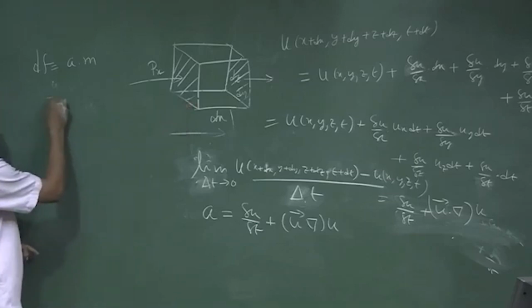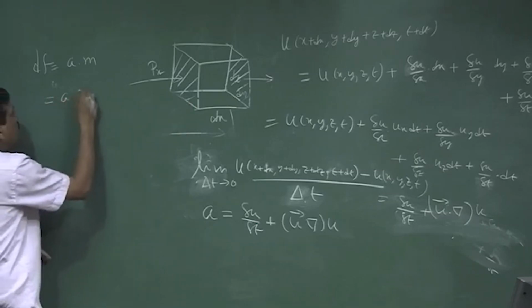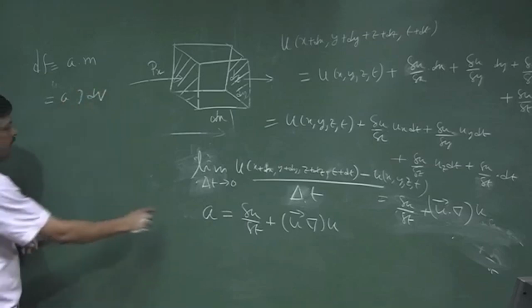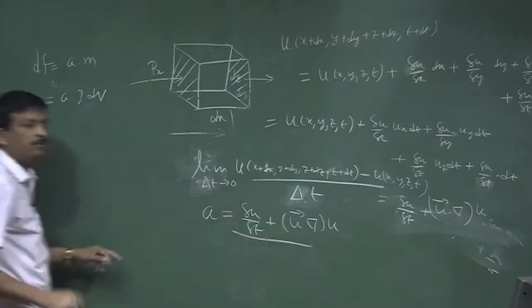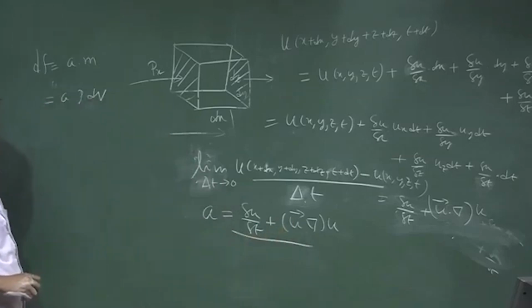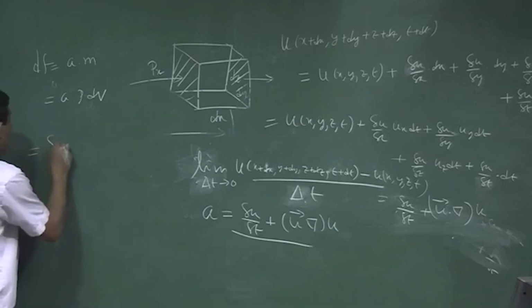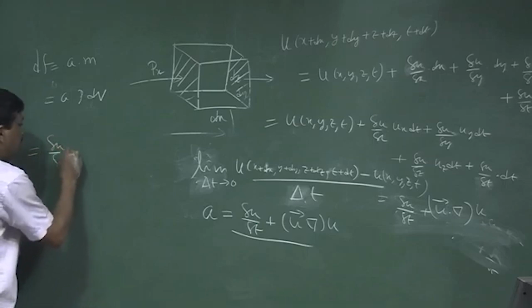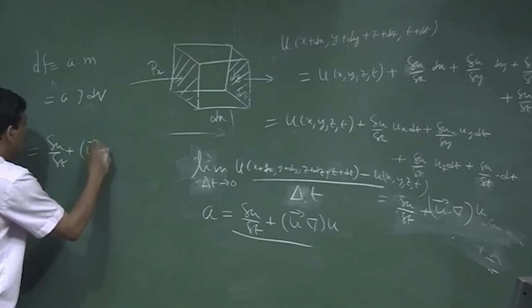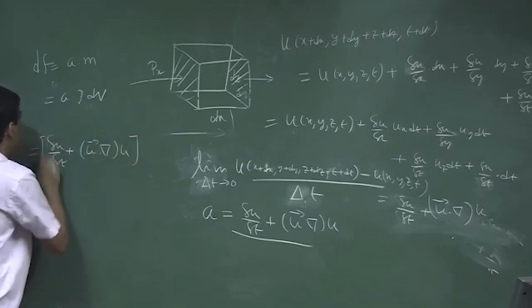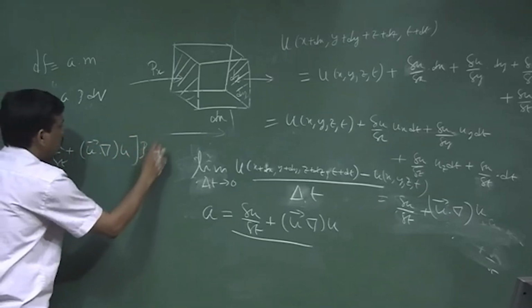So it is acceleration into rho dV. I can put the value of A in here, so I get del u by del t plus u divergence u, multiplied by rho dV.